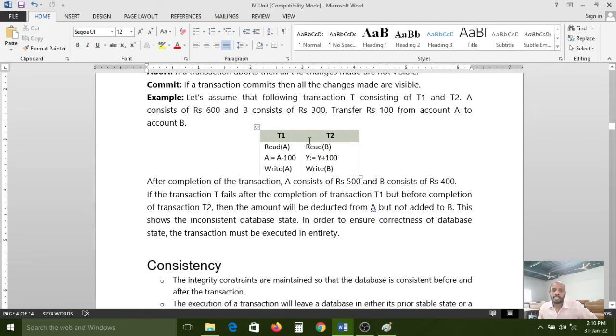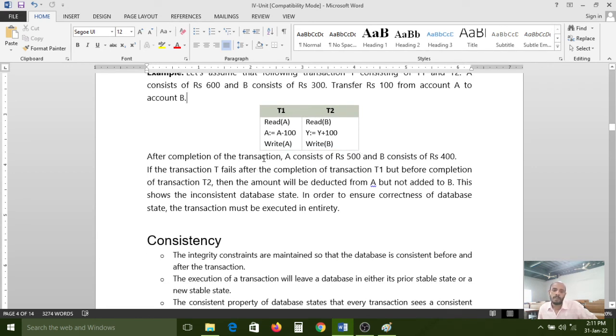So if transaction 1 and transaction 2 perform the operations, read A: first it will check A's account balance. After that, A minus 100, because we are transferring from A to B, so 100 rupees is debited from account A. It is credited to the B account, so B plus 100. After that, the write operations are performed.